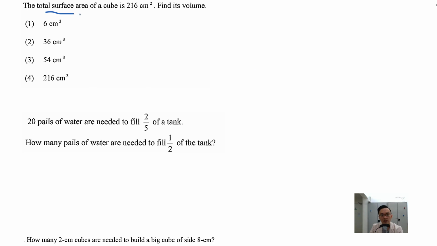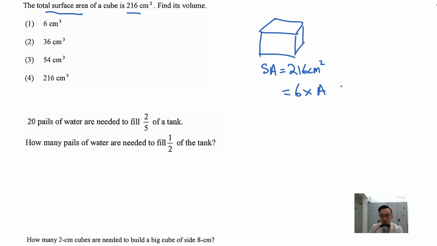So the total surface area of a cube is 216. So let's look at this. This is a cube. So total surface area equals 216 cm squared. So remember, surface area equals 6 times the area of one side, equals 216. So I want to find the volume. So area equals 216 divided by 6 equals 36 cm squared.